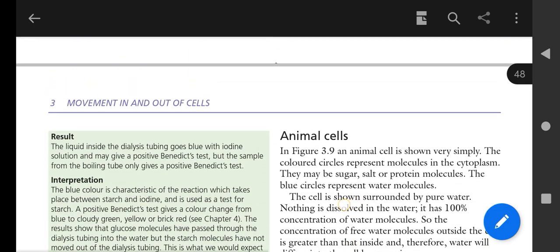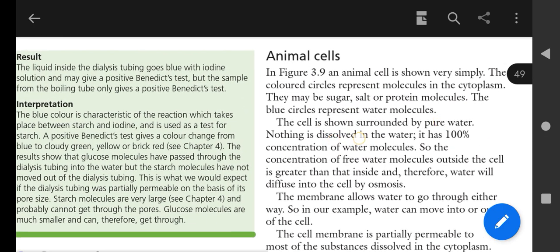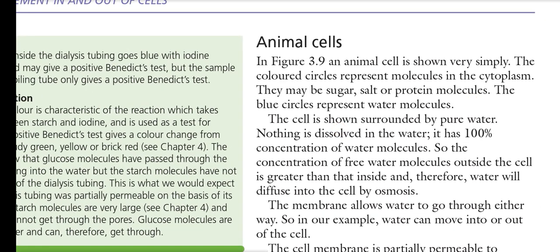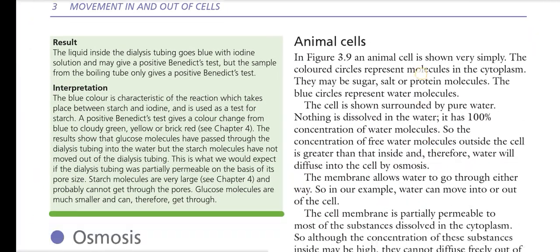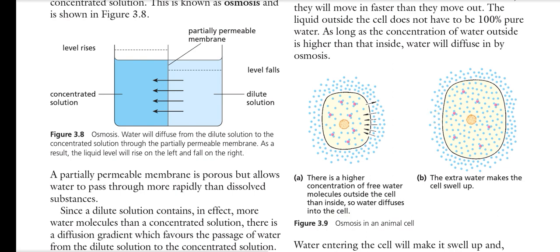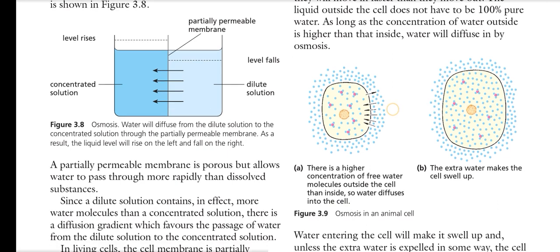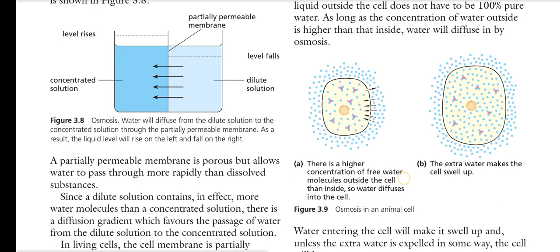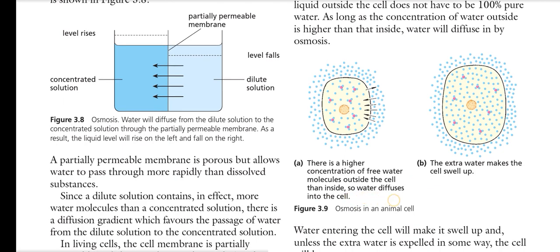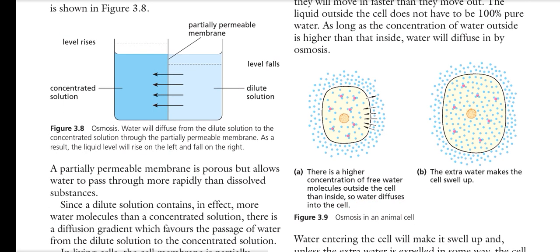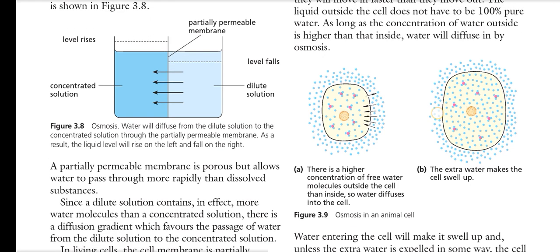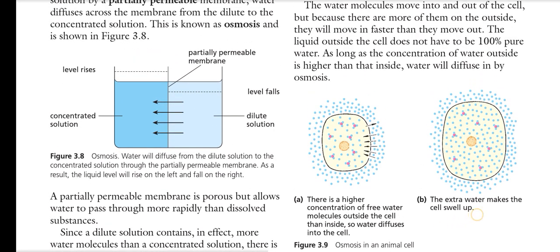So let's see in detail the animal cell in figure 3.9 shown below. There is a high concentration of free water molecules outside the cell than inside, so water diffuses into the cell. As a result, the cell will swell up, or we can say the cell will become larger because of the entry of water.